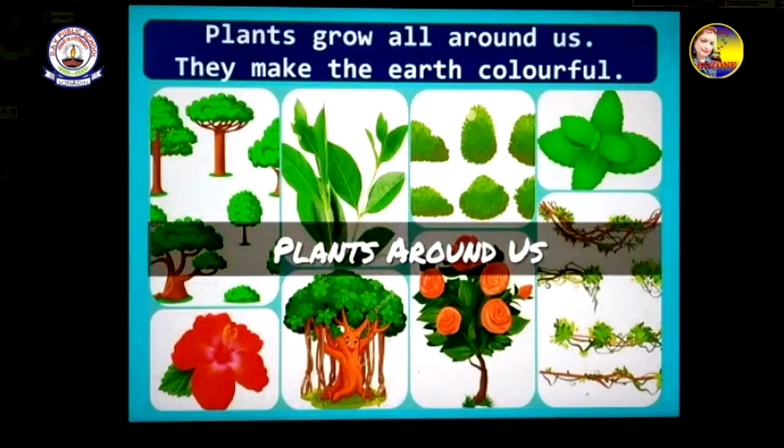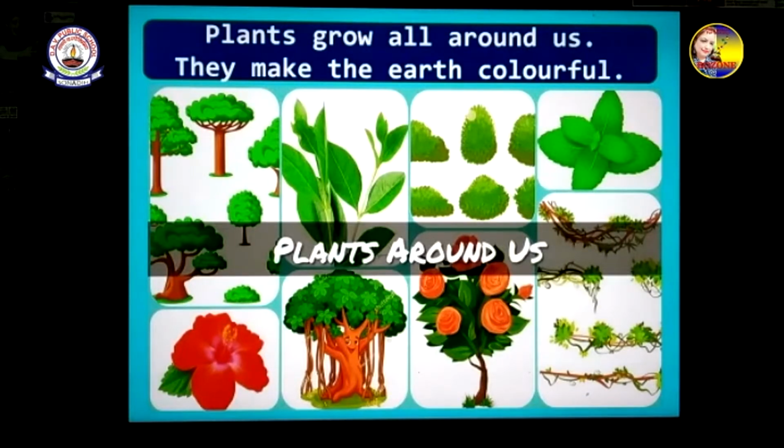Children, have you all seen all the plants right around my house, outside, in the garden, my flower pots? All these, what you saw, are plants and trees. Plants grow all around us.